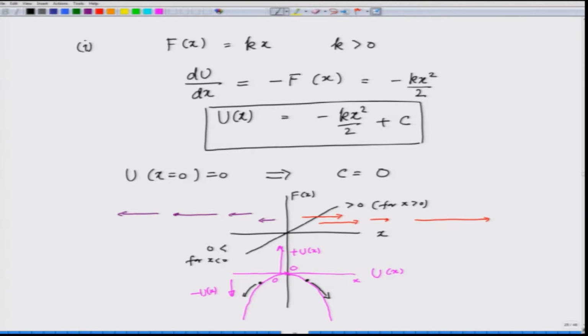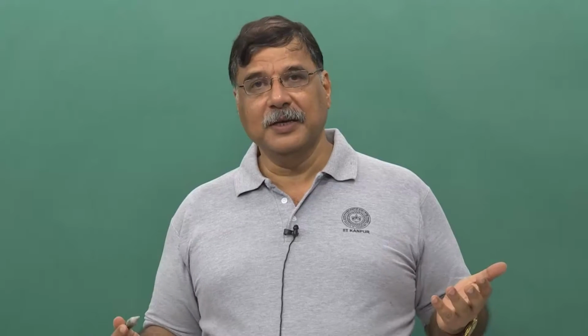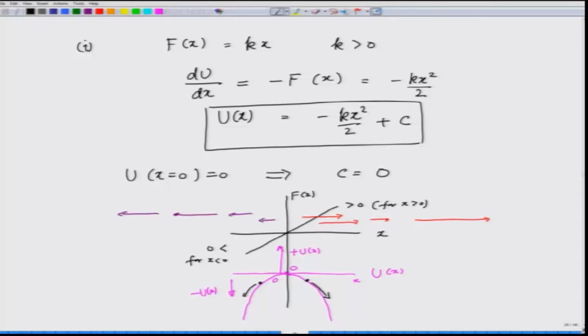On the force curve, I had to actually look at where the force is positive and therefore what its direction is. On the potential energy, you can just think of it like a hill on which something is slipping. Now, here the potential happens to be maximum at the origin and therefore there is no force there, and this equilibrium is unstable, because if I push the particle away from this point, although the force is 0 there, the force increases and the particle tends to rush away from the origin.